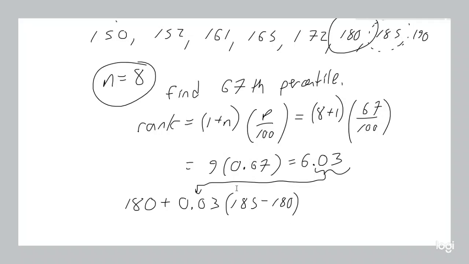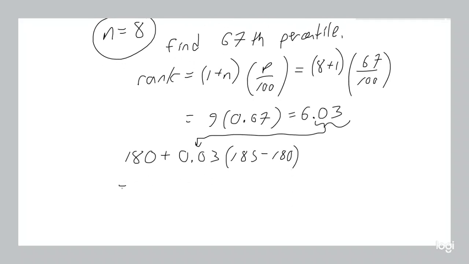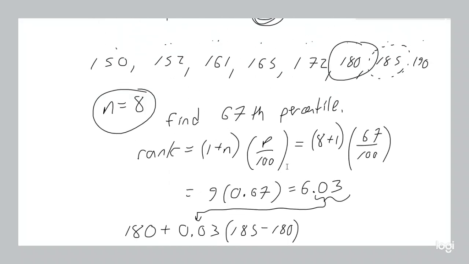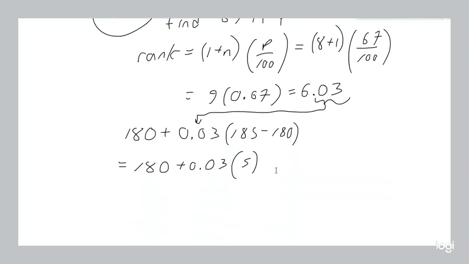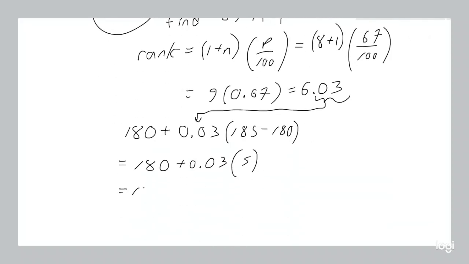So whatever our decimal is, 0.03, of that gap, that's what we have to add on, right? So that's going to be 180 plus 0.03 times, in this case, 5, because our gap happens to be 5 between 180 and 185. So what we get is 180 plus 0.03 times 5, which is 0.15, and so that gives us 180.15.